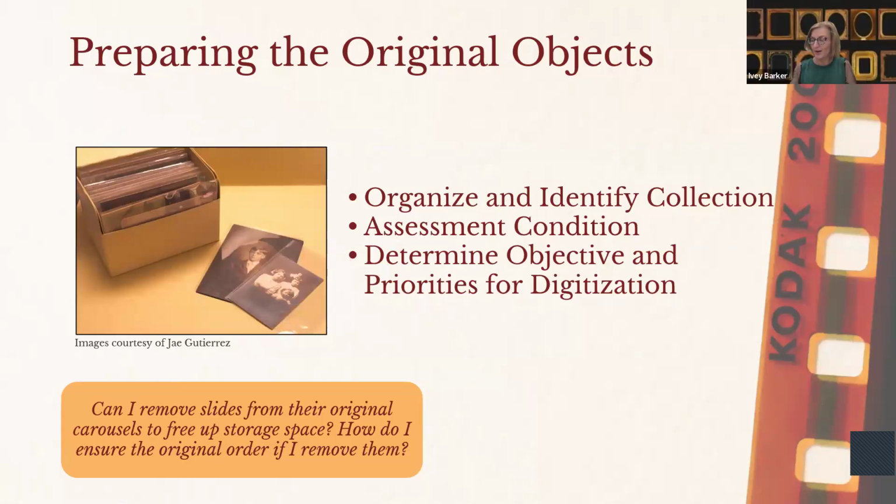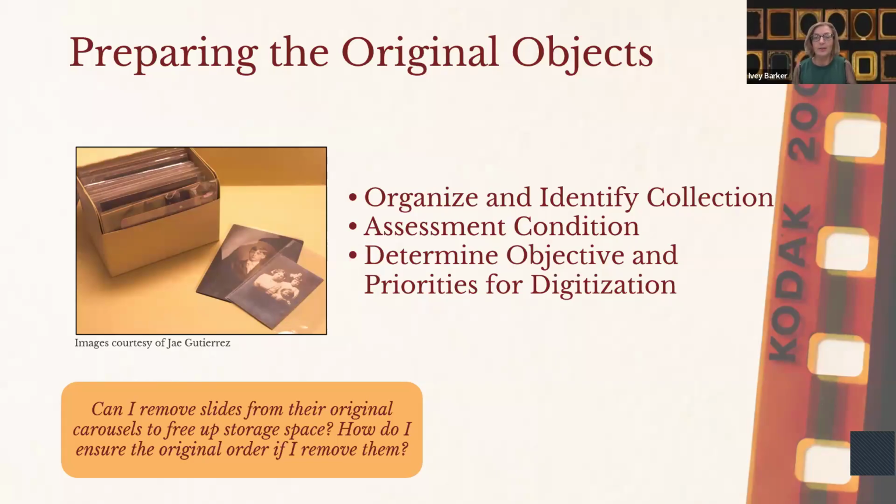So, how to prepare the original objects. I would like to stress that to have a good foundational knowledge, your collection is organized, you have a system of labeling that you understand, and you're able to identify the types of photographs in your collection, either with your foundational knowledge or referring to sources like Graphics Atlas, so you can better understand their proclivities, vulnerabilities, and inherent vices.